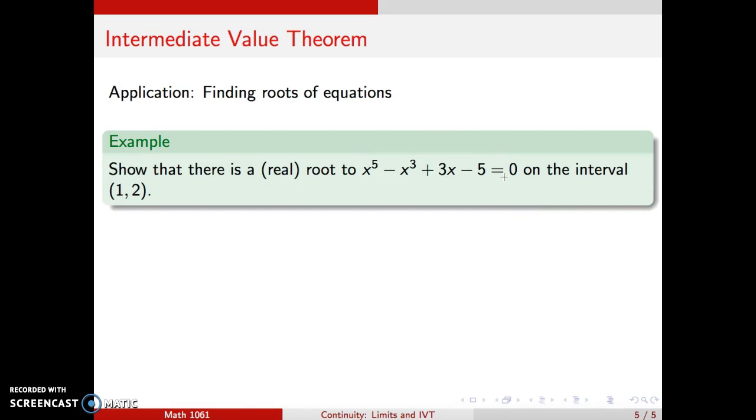So let me clear up this space a little bit. Let's see how we can do this using the intermediate value theorem. I'm going to let f of x be this big mess right here.